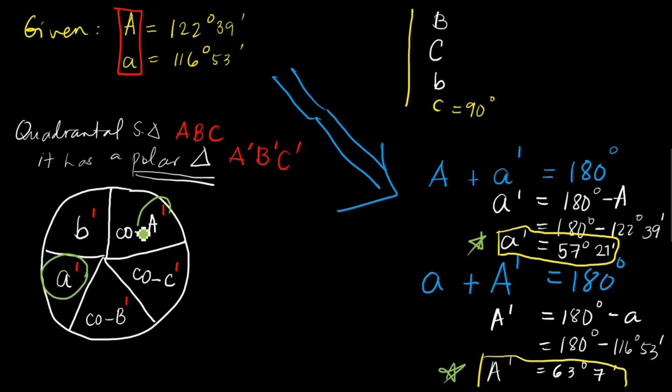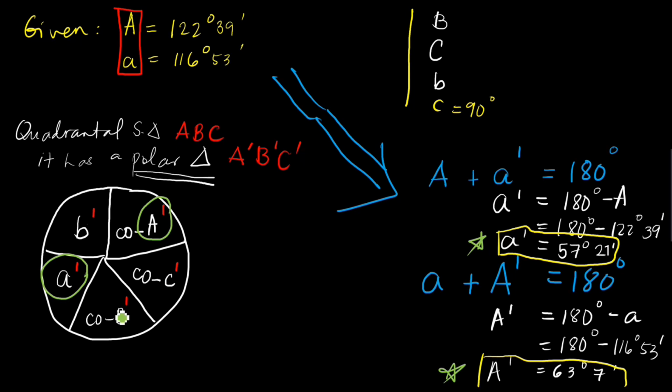Now, look at our unknown here. Before we can solve for our unknown, let us take a look at our circle again. So try to solve for the other unknown parts here: the B prime, the small c prime, and then the big B prime.